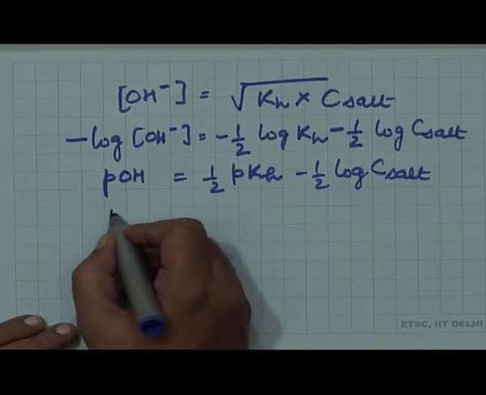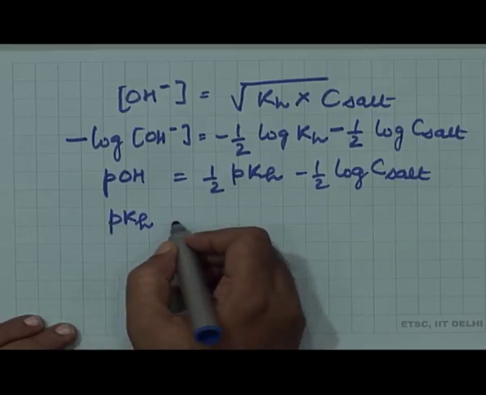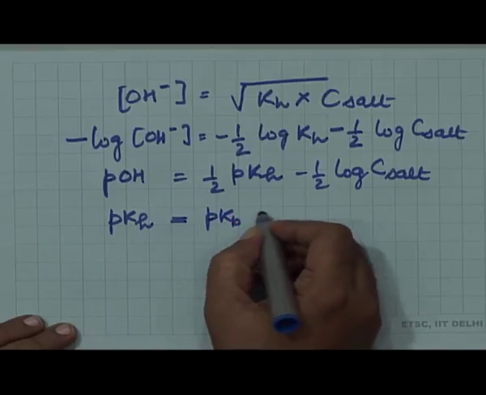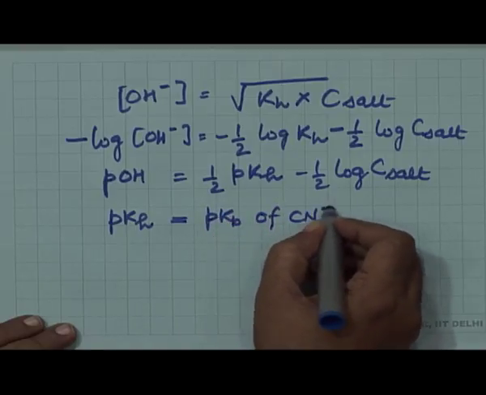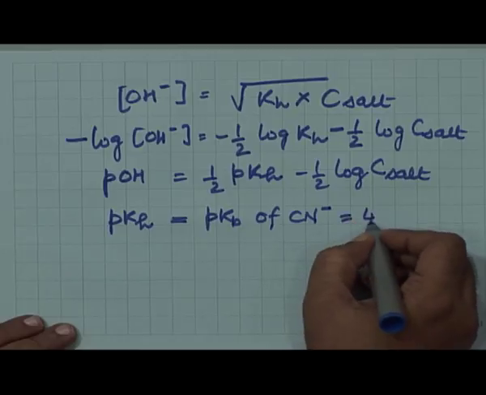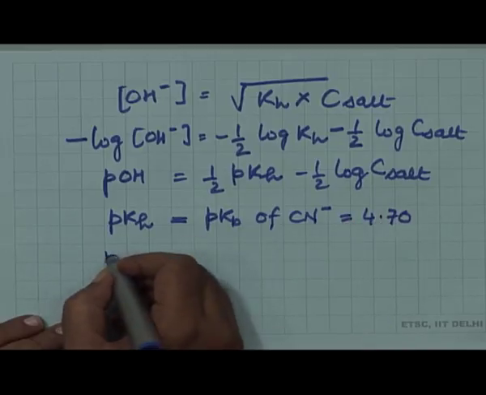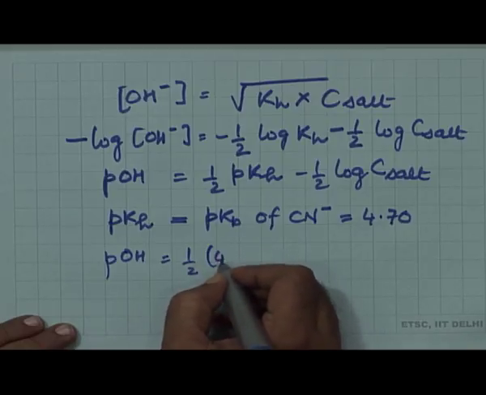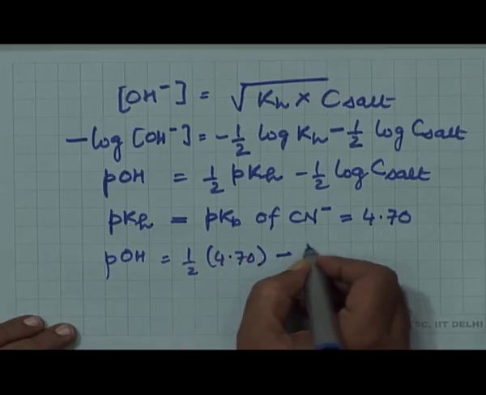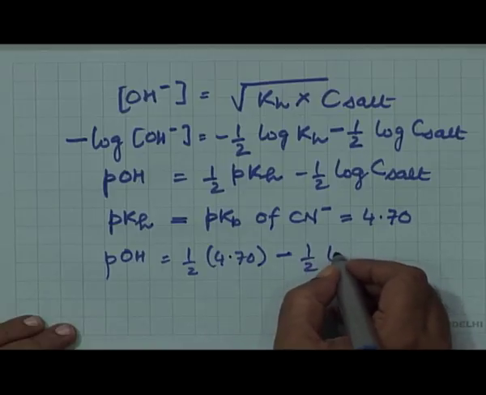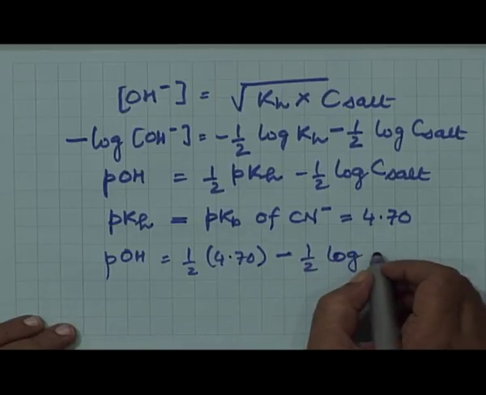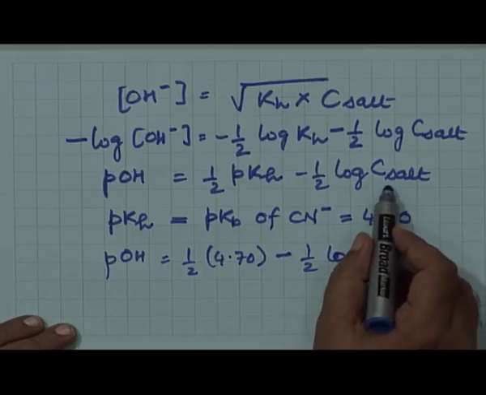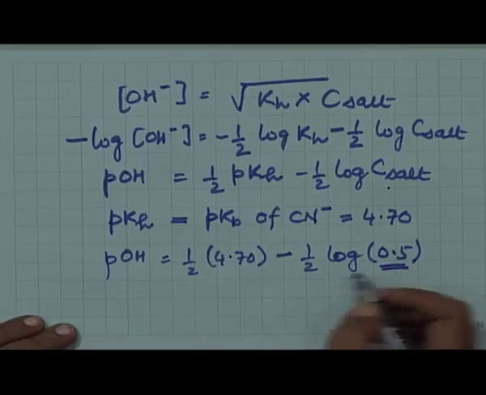and since pKh, hydrolysis constant, is simply equal to pKb of cyanide ion, which is your 4.70. So, pOH will be given by half your 4.70 minus half log your 0.5, since your salt concentration is 0.5 molar.